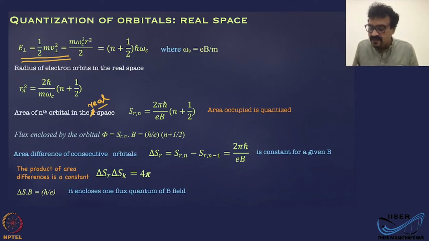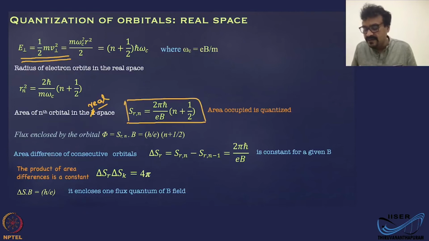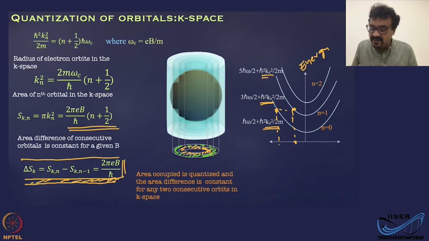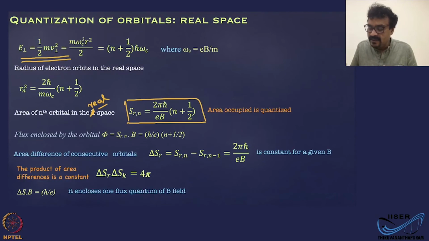So the area is given by pi Rn square, okay, and that is this term here, where S_R represents the real space and n represents the nth orbital. And here also what you are seeing is that this area is quantized. But the B dependence is now inverted. In the previous case, you have B in the numerator, and here you have B in the denominator.